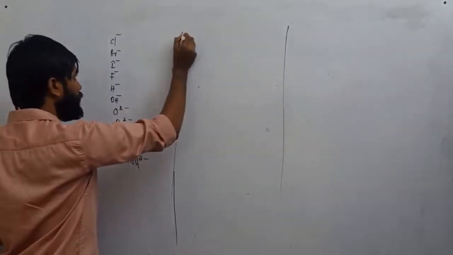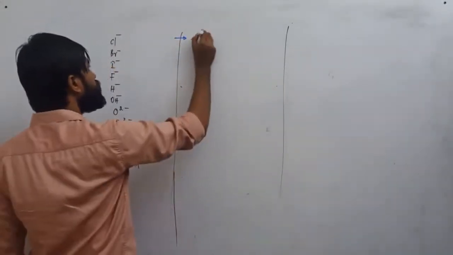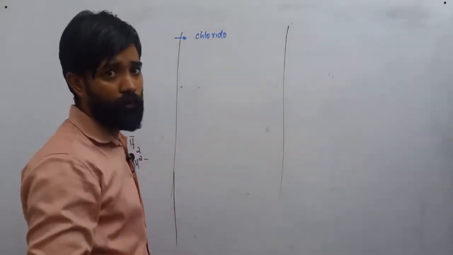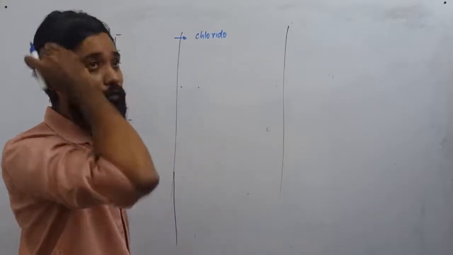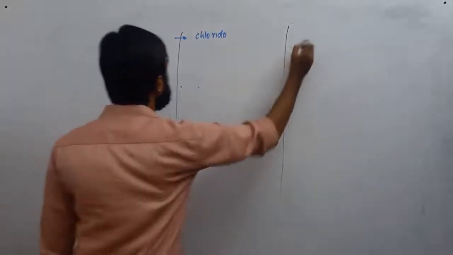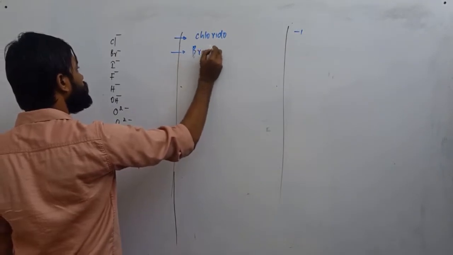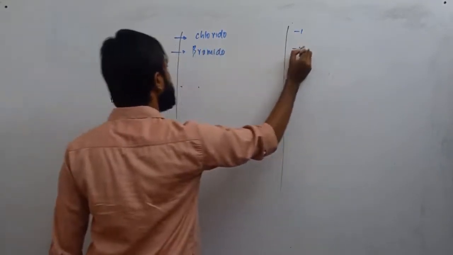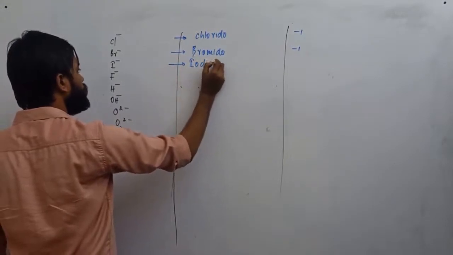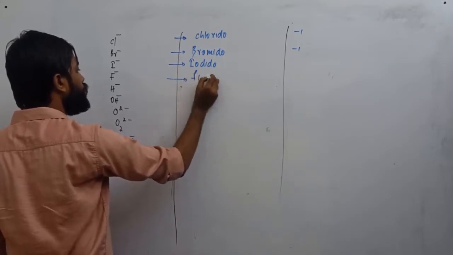The name of Cl minus is chloride, so as a ligand it is chlorido. When it becomes a ligand, the name ends with the suffix IDO or ITO. The charge is -1. Br minus, bromido. I minus, iodido. F minus, fluorido.